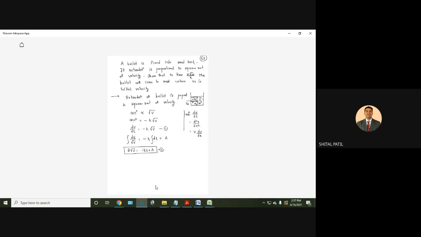What is the initial velocity at time t equal to 0? v equal to v naught. Substitute. I am writing the remaining part here.